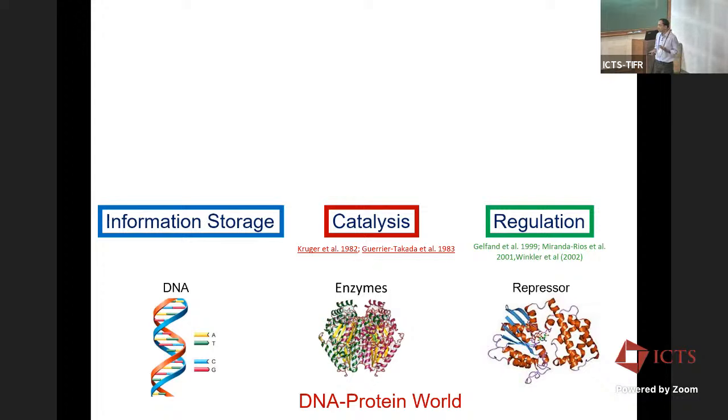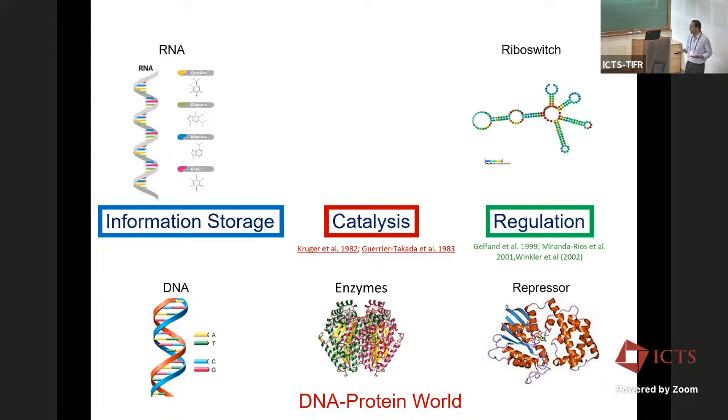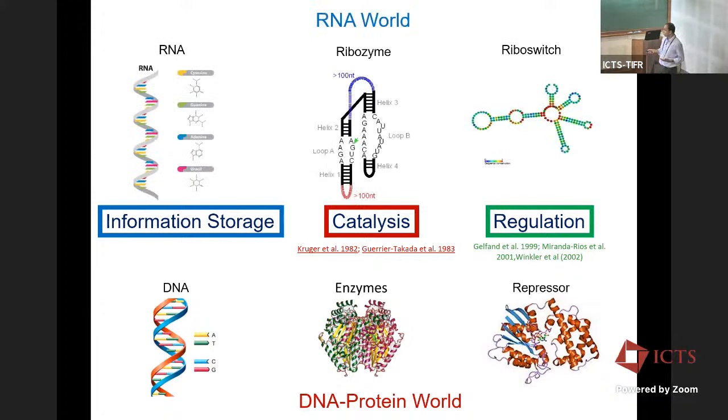All three functions of information storage, catalysis, and regulation were performed by RNA molecules. Evidence for that exists because RNA enzymes called ribozymes were discovered, and RNA regulators called riboswitches were discovered more recently, about 20 years ago, which have been found to regulate the concentration of small molecules in cells.